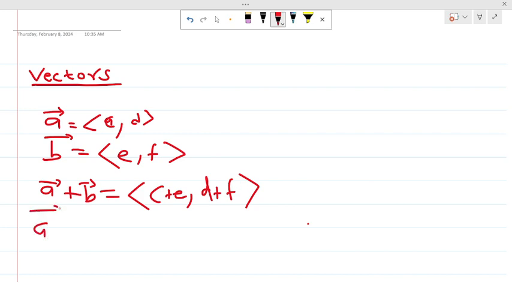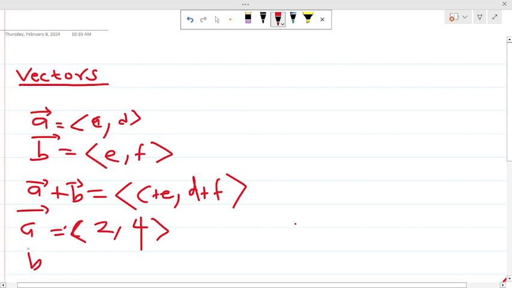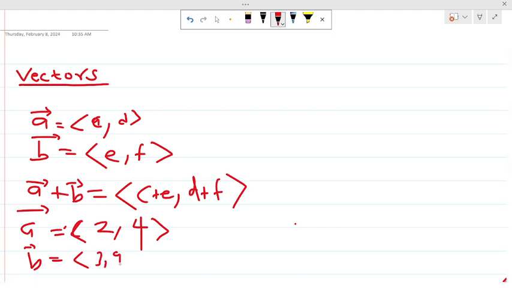So let's give it values. Let's say the vector A is equal to 2, 4. Then the vector B is equal to 3, 9.